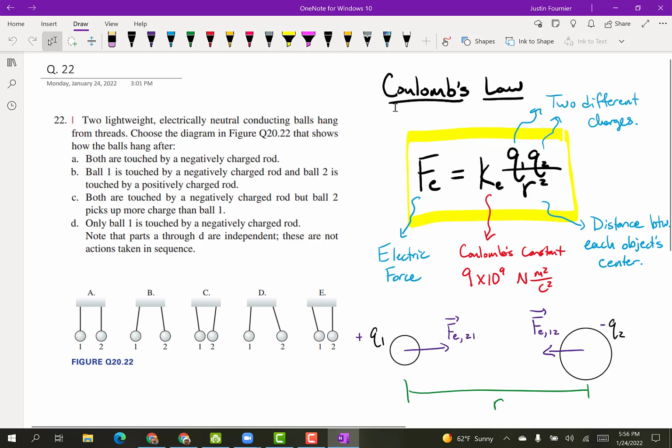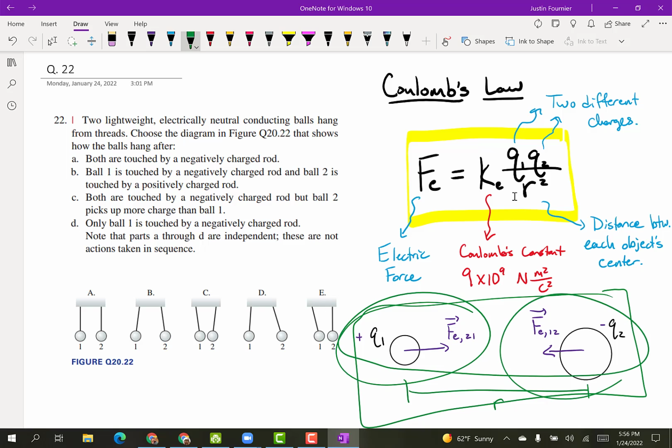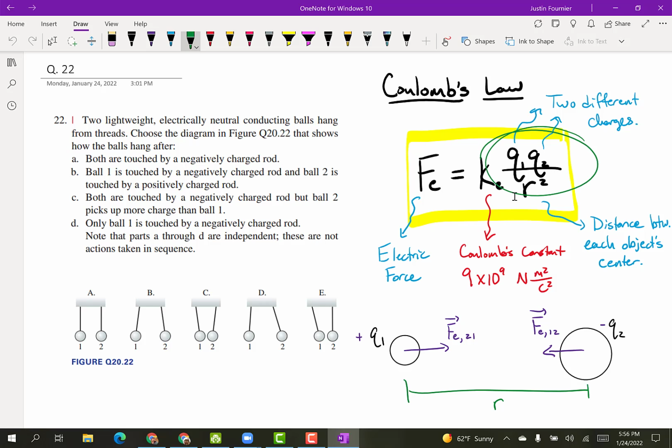Just a reminder of Coulomb's law, used to calculate the electric force. If we have two charges, any charges, a little bit of charge or a lot, positive or negative, you multiply those two charges together, then divide by the distance between each object's center squared, and then multiply by Coulomb's constant, 9 times 10 to the 9 newton meters squared over coulomb squared.